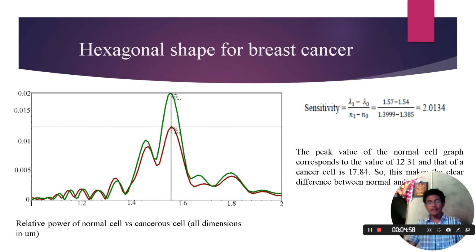The red color represents the normal cell and the green lines represent the cancerous cells. The sensitivity can be found by using (lambda 1 minus lambda naught) divided by (eta 1 minus eta naught), and the sensitivity for the hexagonal shape of breast cancer is found to be 2.0134.